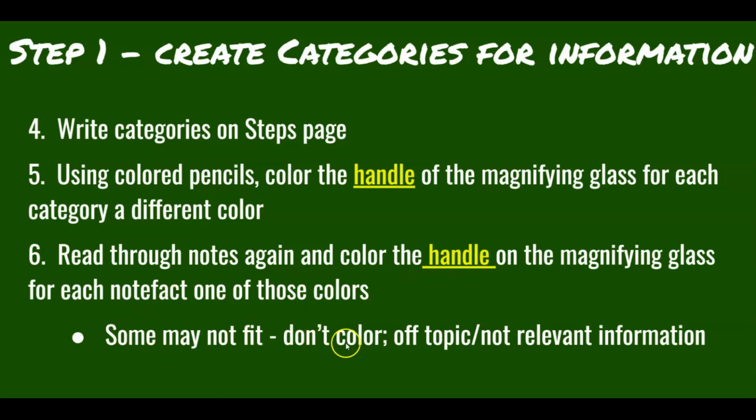That's okay, don't color them. That means that you took some information that was off topic or not relevant for a project. Okay, and that's good, when we get to the reflection piece of it, you can look back and see how many did you have that didn't really fit for a project, right? So you don't want to color them if they don't fit. You're only looking for things that actually fit with the information that we're looking for.